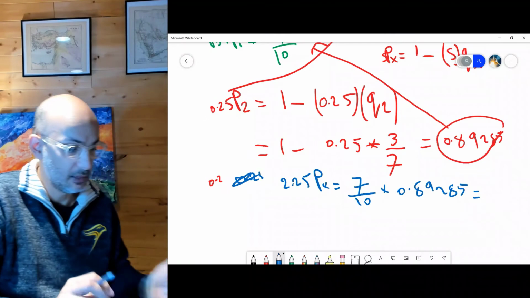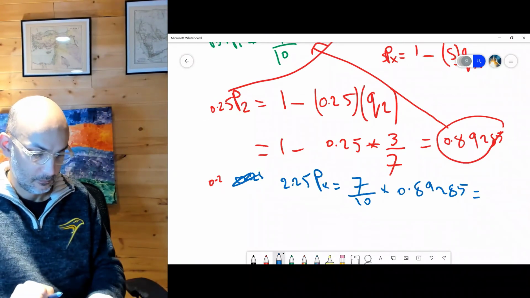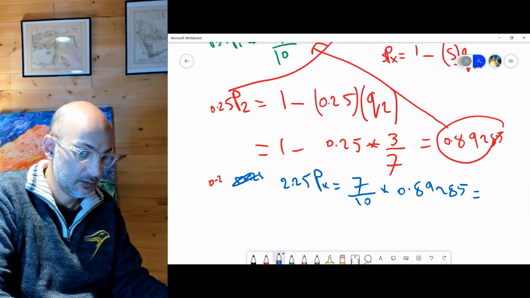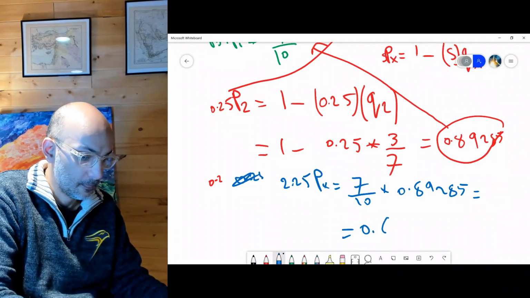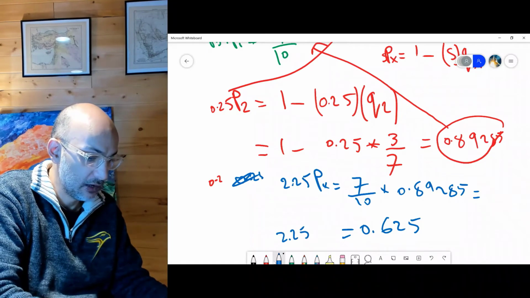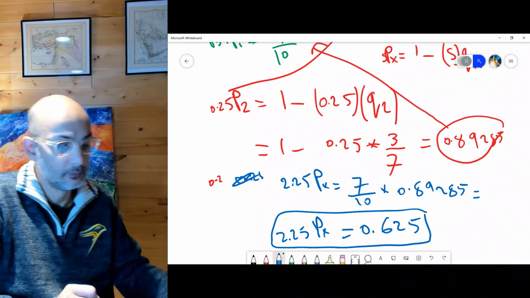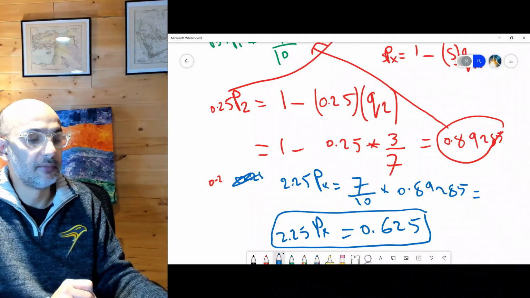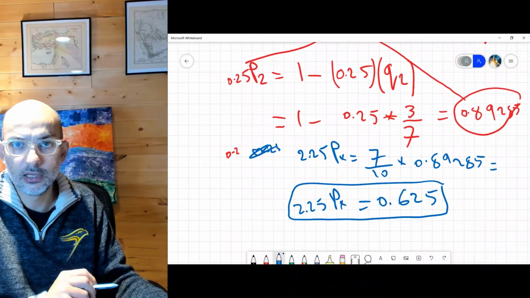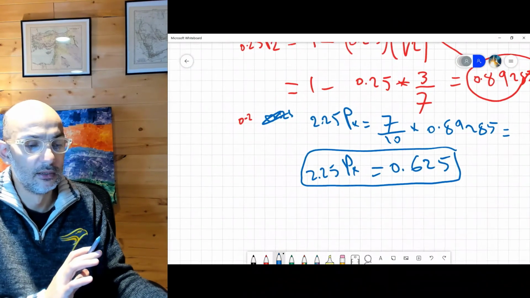I hope I didn't make a mistake, but let me see. So the answer is this one, 2.25px. And it's simple. You follow the rules. You need to be careful, and if you understand what you are doing, you should be doing very well, right?